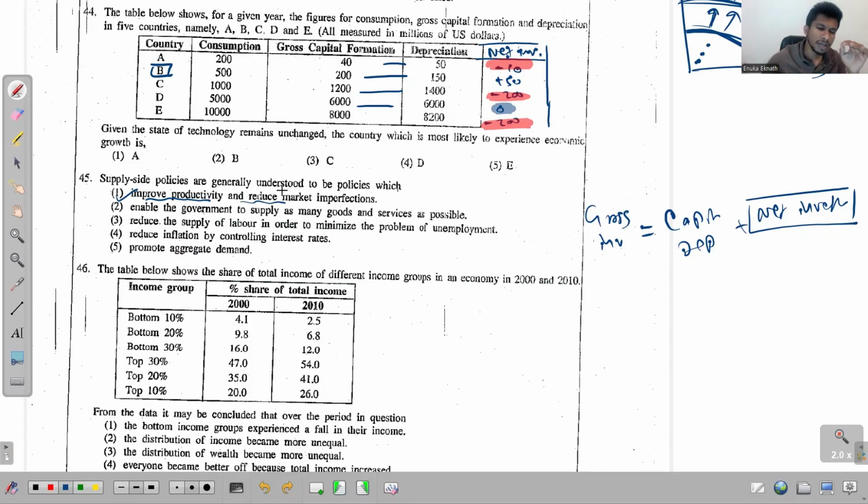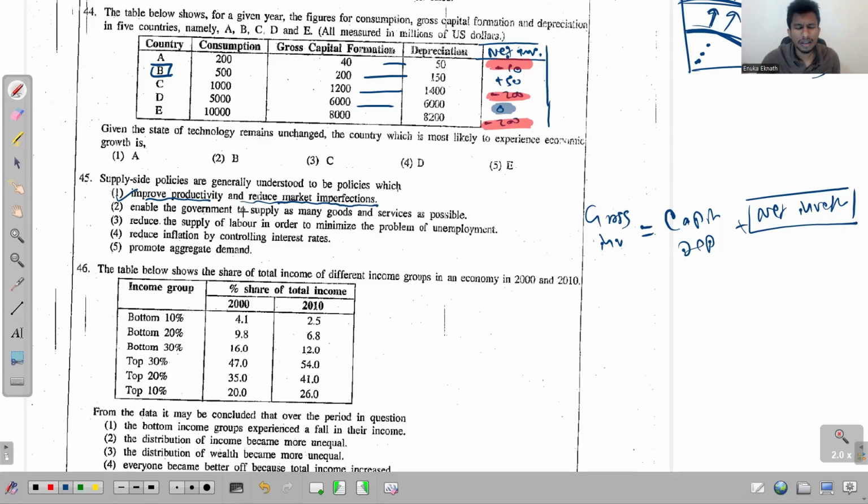Such activities we recognize as reducing market imperfections. When that happens, once again the efficiency improves, the productivity improves, and thereby the economy can achieve economic growth. So the answer is the first one.